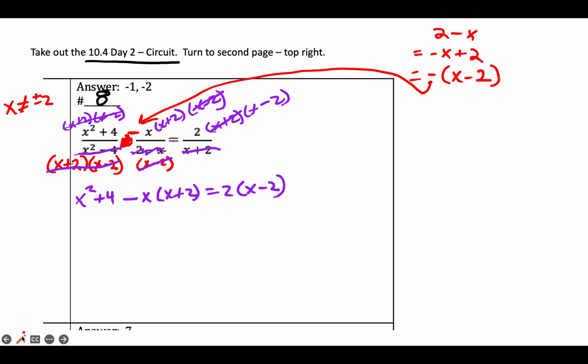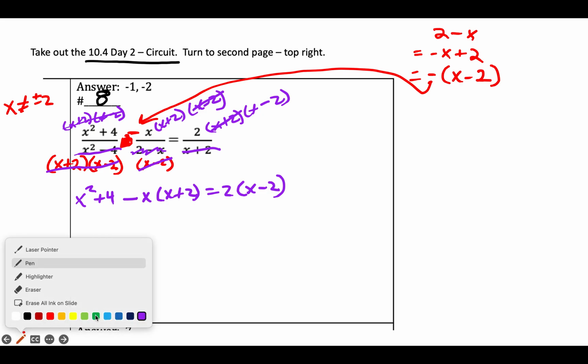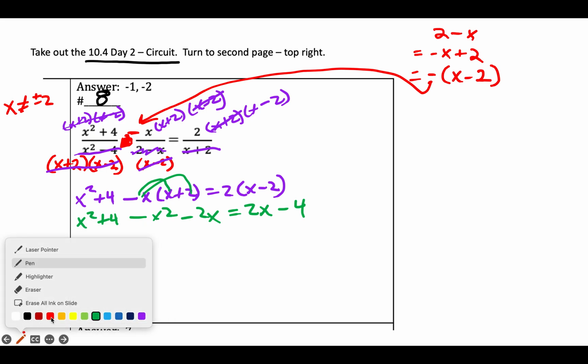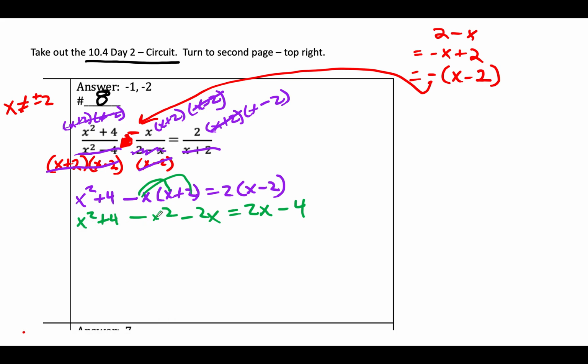Now I'm going to distribute these guys in, and I'm going to get x squared plus 4 minus x squared minus 2x equals 2x minus 4. And when I start combining like terms, x squared minus x squared is canceled out.